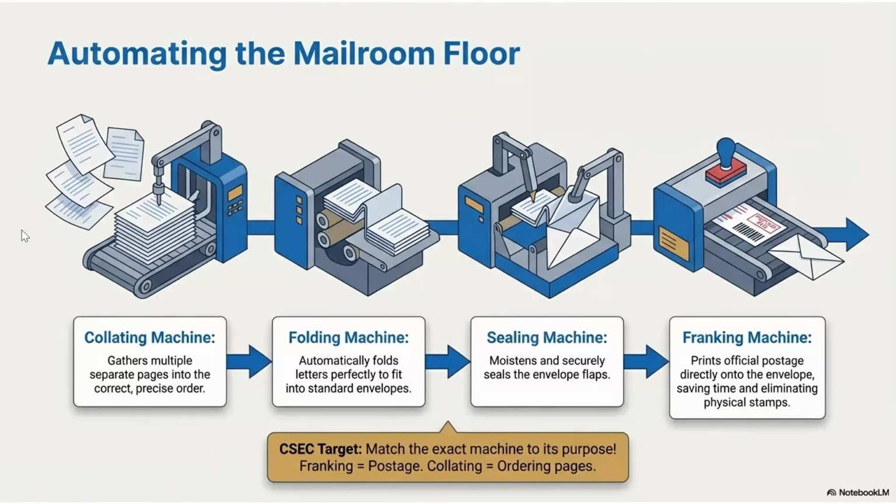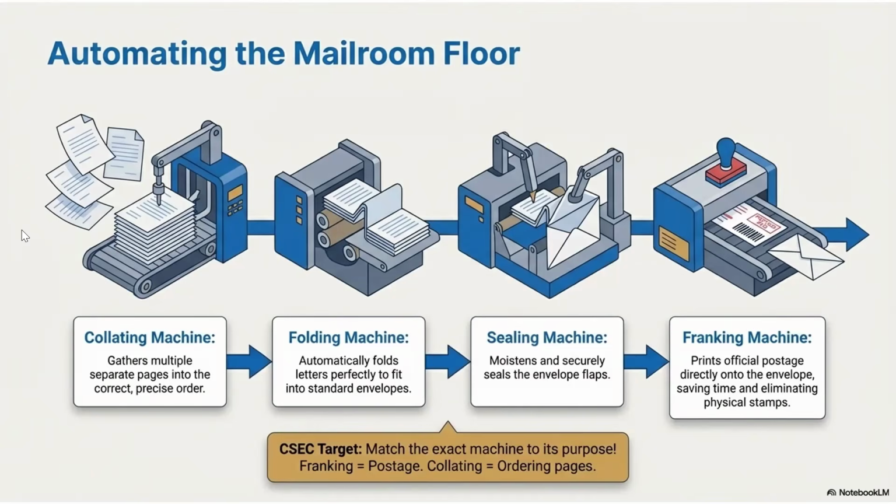So a collating machine sorts pages in the correct order. You should know what a folding machine does. I think it gives it out in its name.